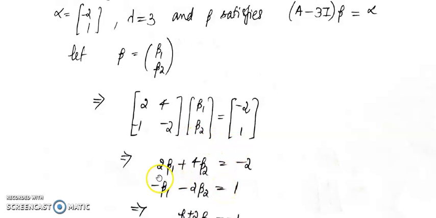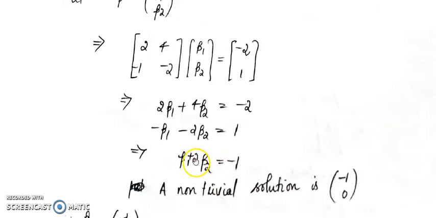Again you can see that the equations are multiples of one another, so the same equation is repeating. I can take one of those equations because both are the same. So the equation becomes beta 1 plus 2 beta 2 equal to minus 1.